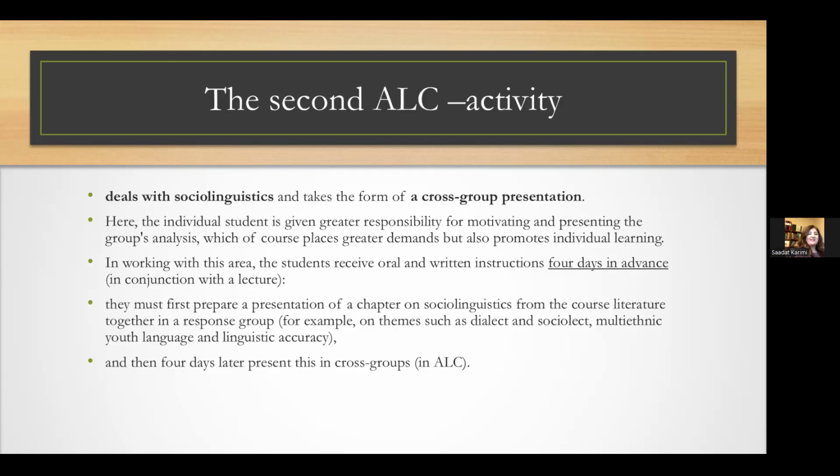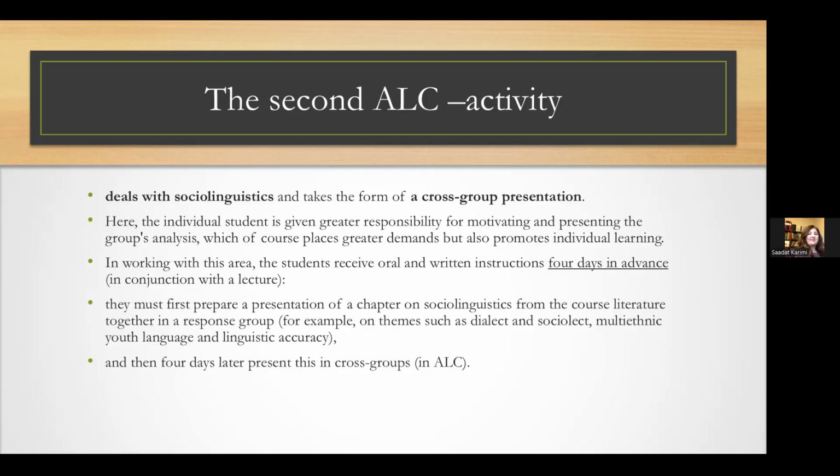In working with this area, the students receive oral and written instructions 4 days in advance, in conjunction with a lecture. They must first prepare a presentation of a chapter on sociolinguistics from the course literature, together in a response group.